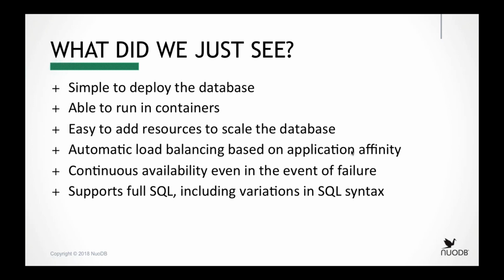You have that ability to control. And all the while, in the event of failure, we showed how NuoDB was continuously available. We, of course, had a little fun showing NuoDB in the DBViz product, the graphical SQL run tool, where we showed full support for SQL, including variations in the SQL syntax.